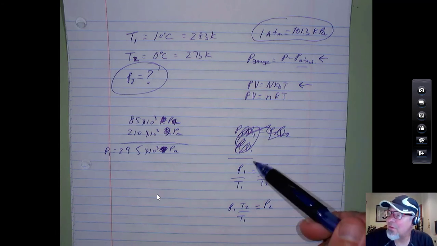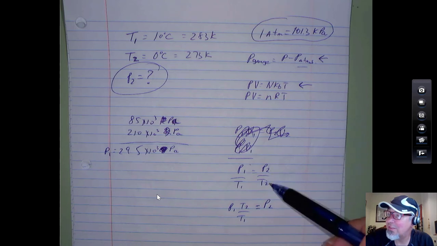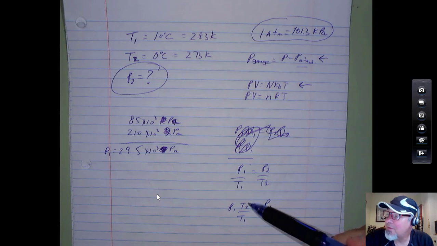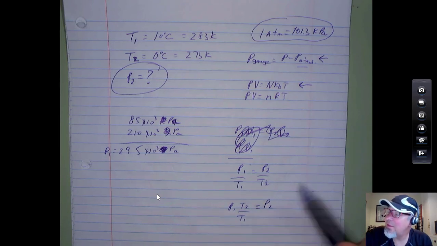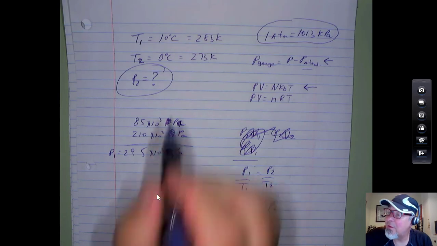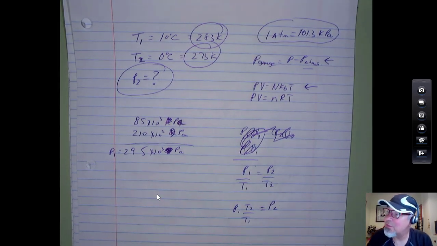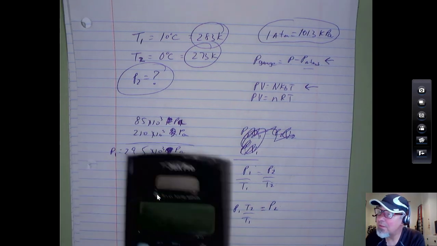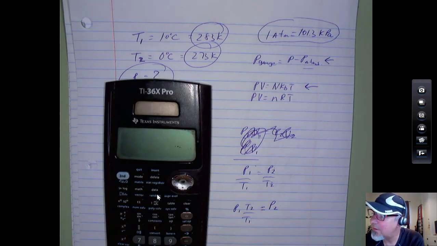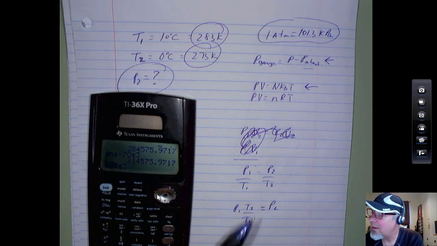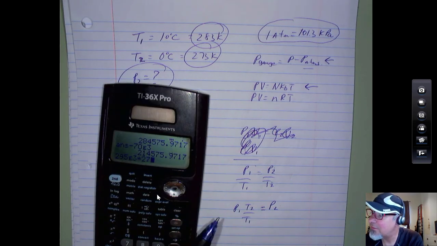Okay, so we've got P1 over T1 is equal to P2 over T2. So we're solving for P2, then. P2 equals P1 times T2 over T1. And we have everything here; these are all spelled out for you. Let's put these in and see what we get. P1 was 295 times 10 to the third, adding both of those together from what we had before, times T2, so times 273 divided by 283.